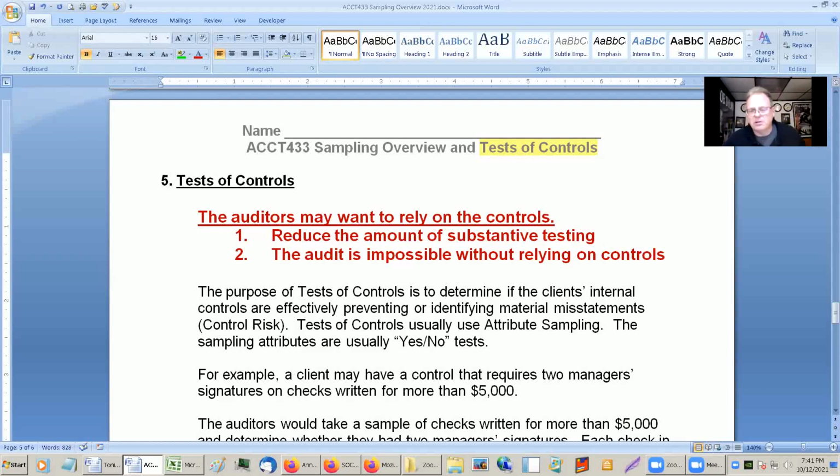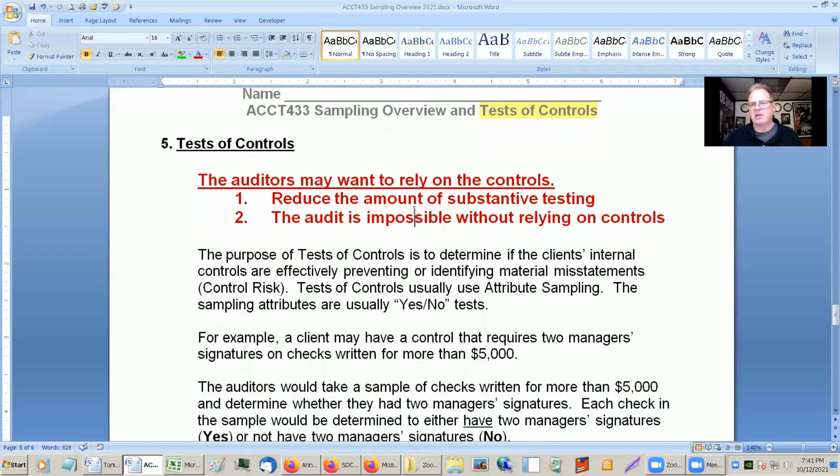Is it possible to go to all the Walmart stores and do all the inventory? You're probably going to rely more heavily on looking at the controls. What controls do they have over inventory? If you can rely on those controls, it can reduce the amount of testing you have to do. So for really large companies, a lot of times it's impossible to do the audit without it. Furthermore, if it's a publicly traded company, they must look at internal controls.